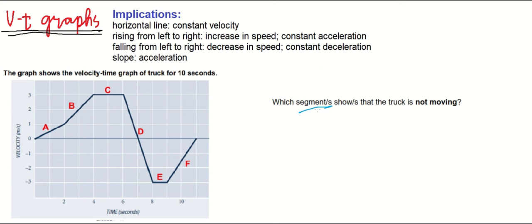We try to find if there is a segment that lies on 0 meter per second. Ito yung 0 meter per second. And kung ito trace natin, well, walang segment na nandoon. So, we say that there is no segment.